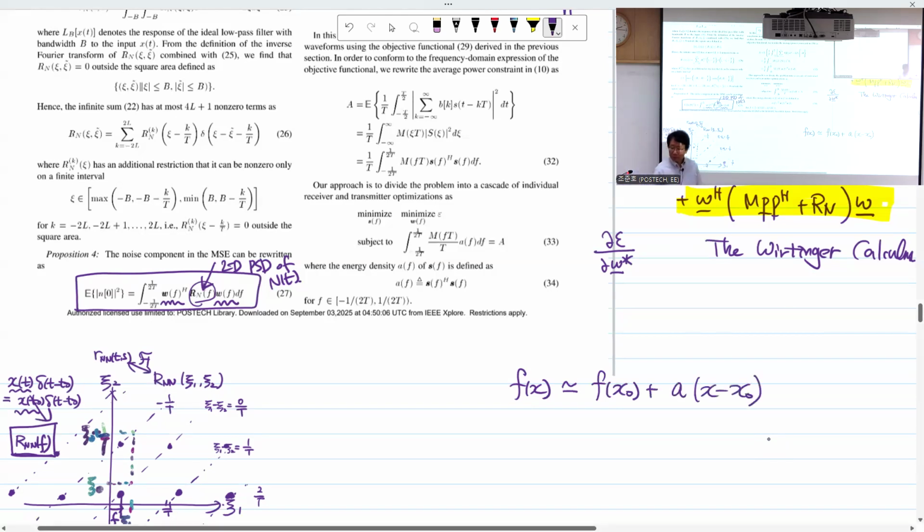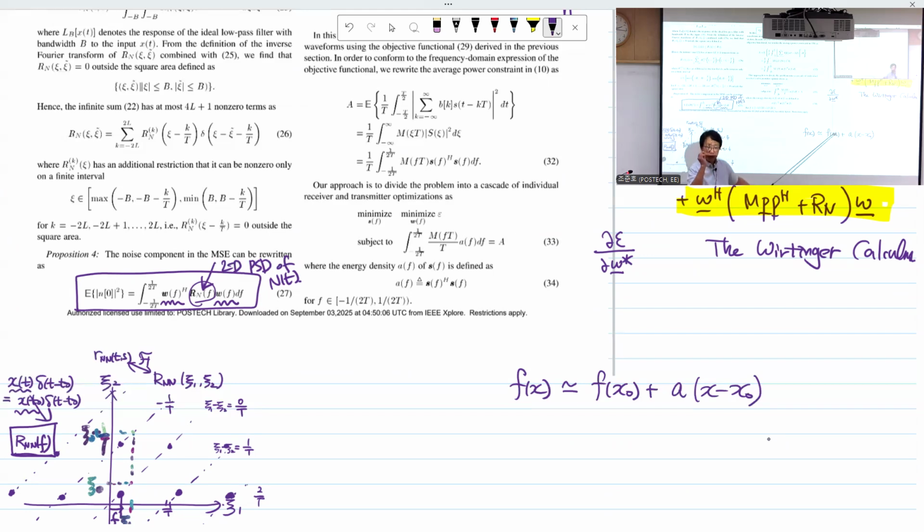Got it? So at x0, you want to approximate this function with an affine function of x. If you plug in x0 here, then it cancels, and you have f of x0 equals f of x0.